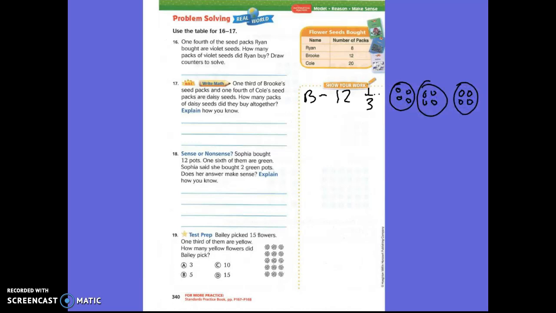So how many of Brooke's seed packs would be daisies? I keep trying to call her Daisy, but it's not easy. Brooke. How many seed packs, Bella, were daisies? 4. Okay, so Brooke had 4 daisy seed packs.